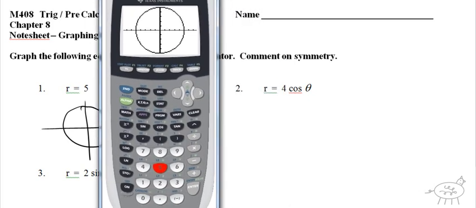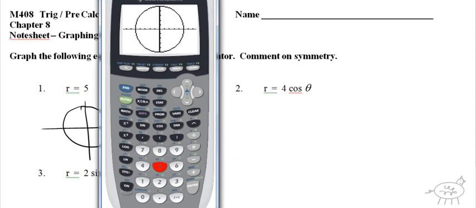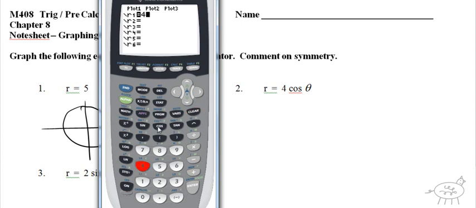r equals 4 cosine of theta. So let's go hit that. We have r, clear that out, 4 cosine of theta. The X,T,theta,n button is your theta button, because we're in polar mode now.